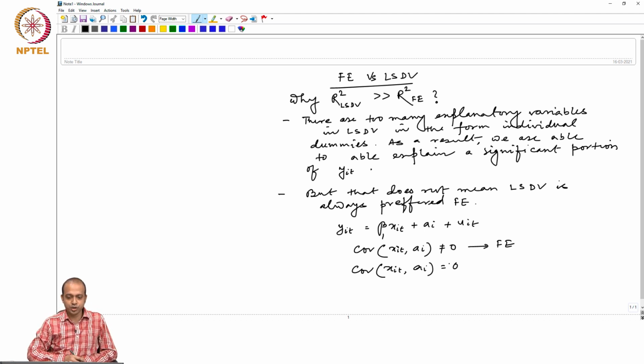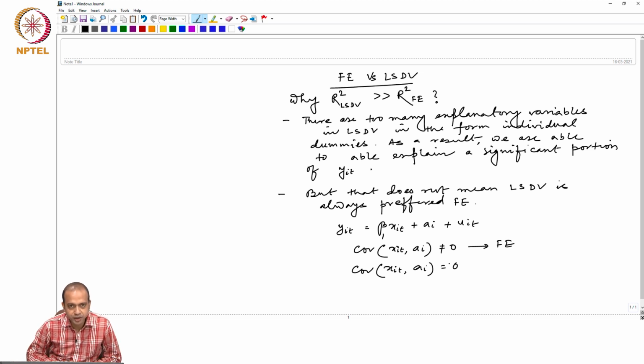There is no correlation between the unobserved heterogeneity, the individual specific time constant effect, and the explanatory variables. None of the explanatory variables is correlated with the unobserved effect. In that case, the fixed effect transformation is not applicable, because if we remove A_i, we are introducing some kind of inefficiency in our model. Okay.